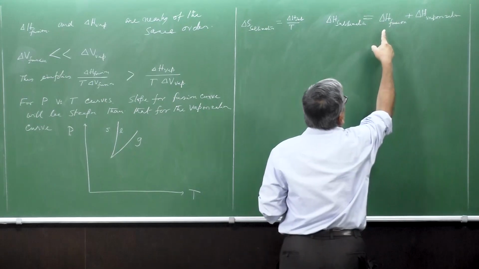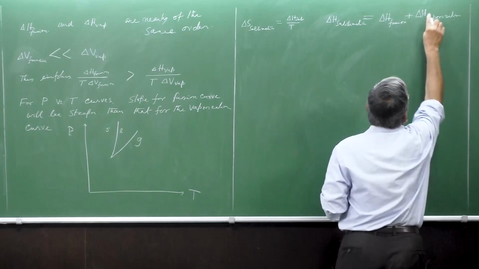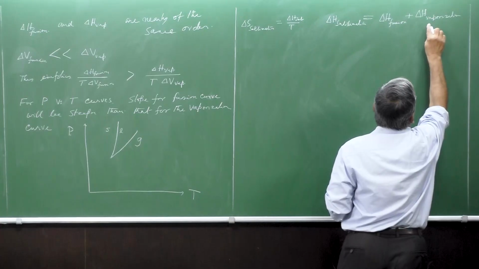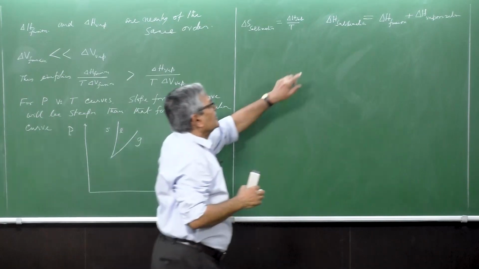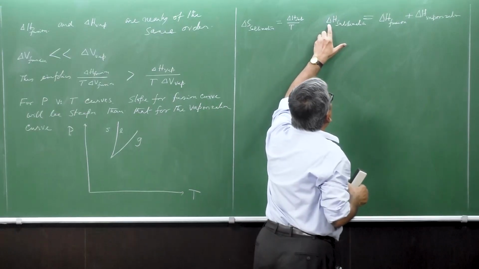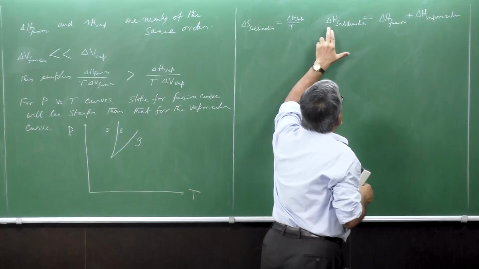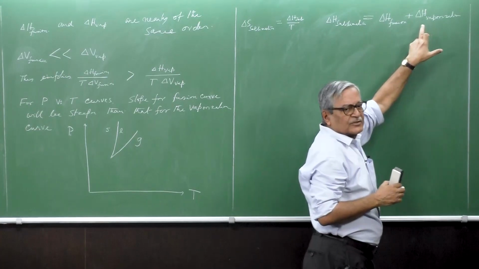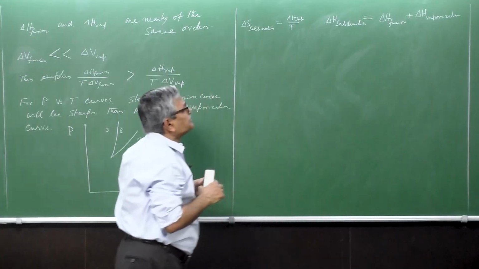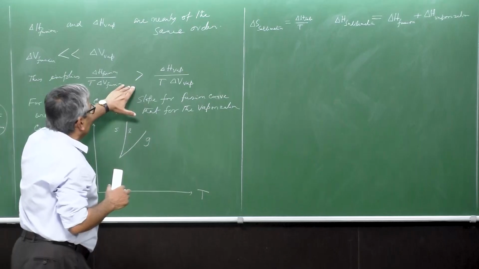This takes care of the transition for solid to liquid, and this is for the enthalpy change for liquid to gas. So, this delta H, that is the enthalpy change for solid to gaseous phase, must comprise of these two terms.